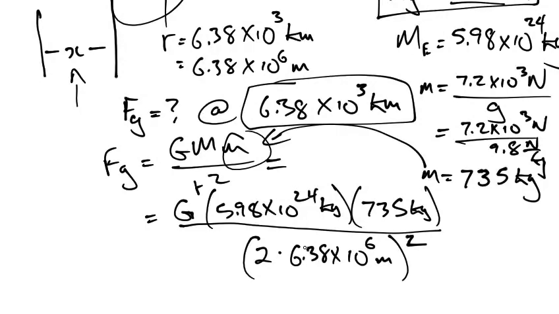Now what's that going to give us? Here we go. 735 times 6.67 EE negative 11 times the mass of the Earth, 5.98 EE 24, divided by 2 times 6.38 EE 6, squared.